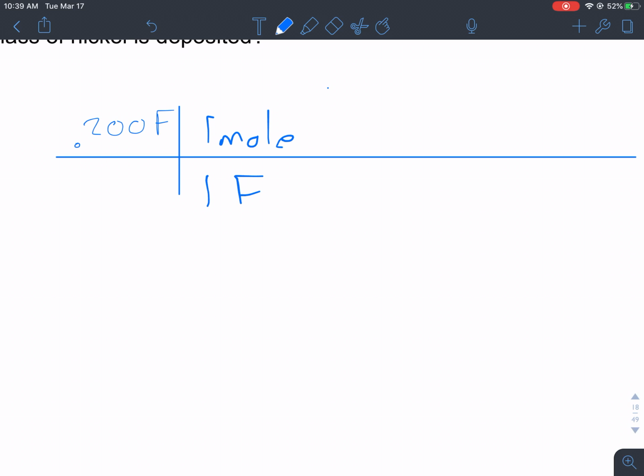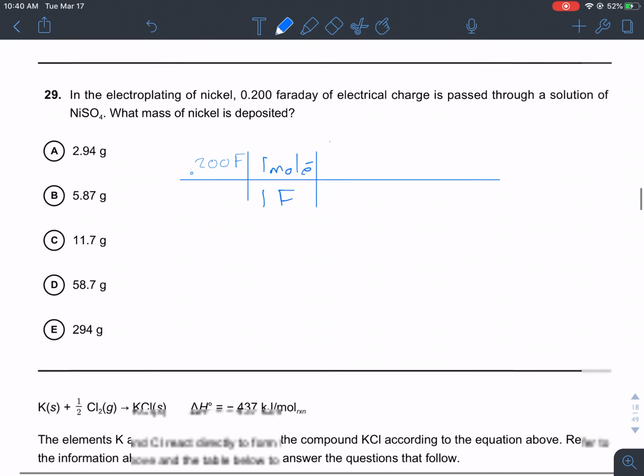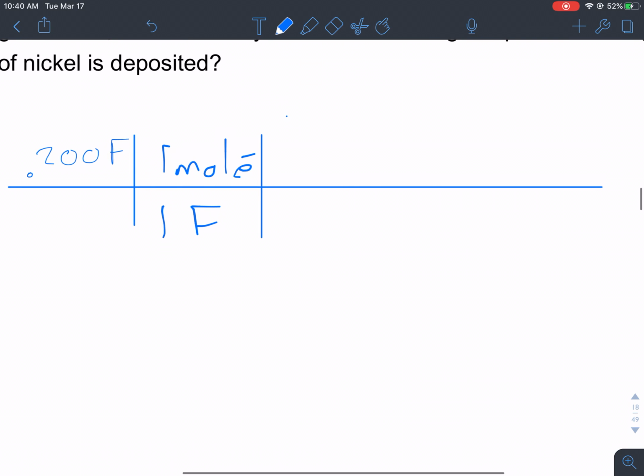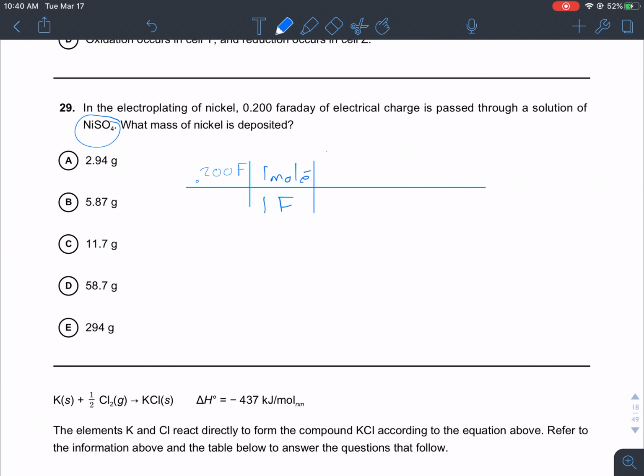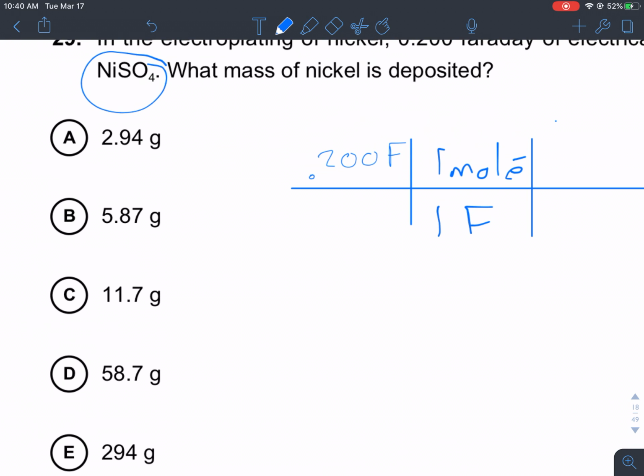That's kind of like a rule. Now, that's something you kind of got to know, but what are you going to do? But in this nickel, see this nickel right here? It's hidden with the SO4. What's the charge of that nickel? It's Ni2+. It needs to gain 2 electrons if it wants to become nickel, that becomes nickel-plated nickel.